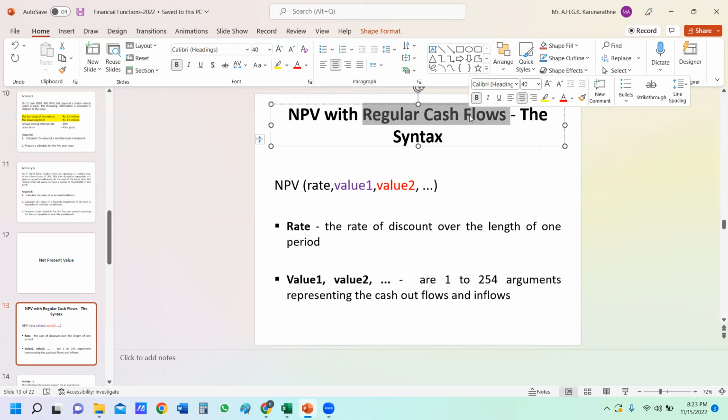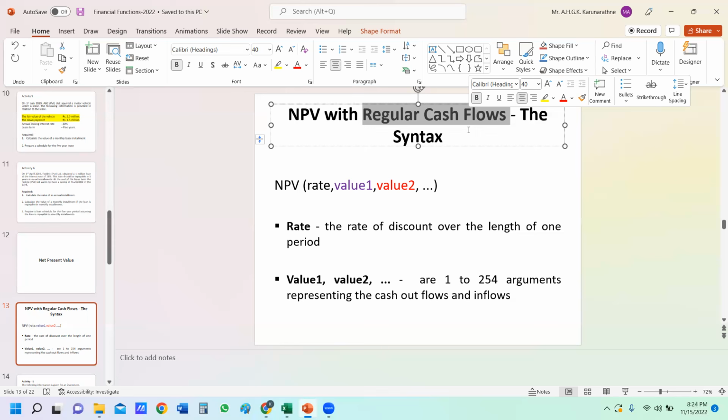Most of the examples or cases you have already faced in different contexts, almost all the cases, your cash flows were regular. I'm not going to talk about conventional and non-conventional cash flows; that is a different thing.